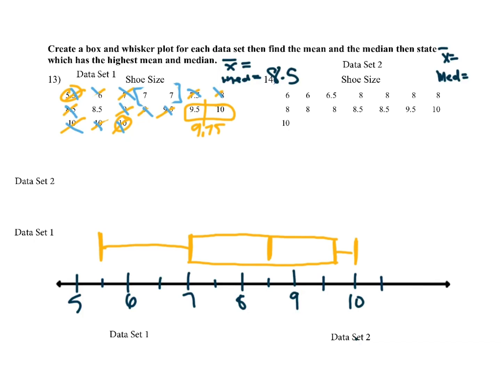Now, to find the mean, we still have to add them all up. So 5.5 plus 6, and so on.